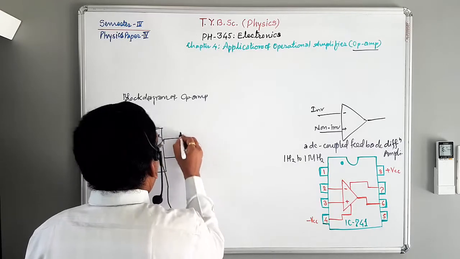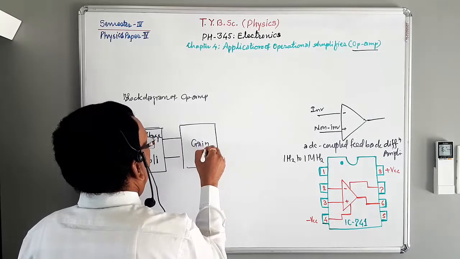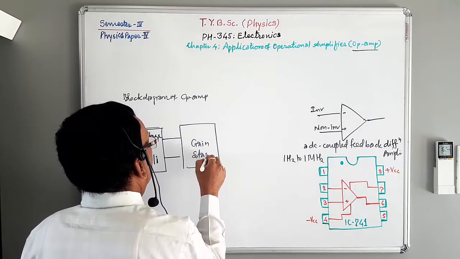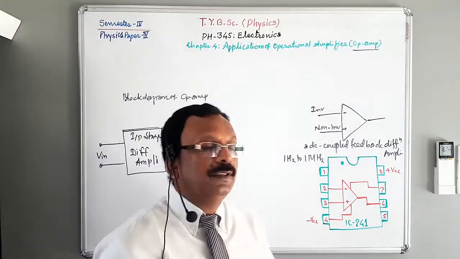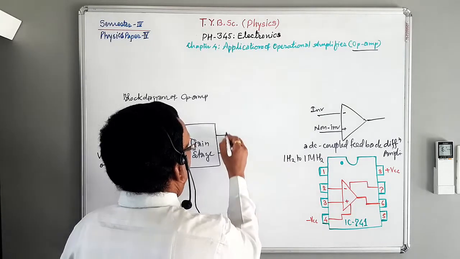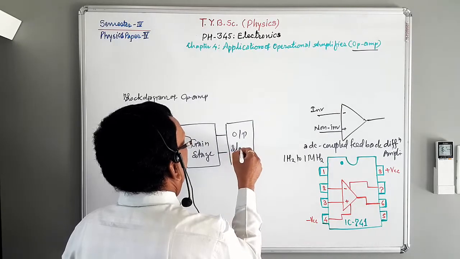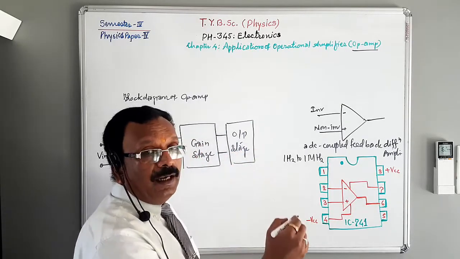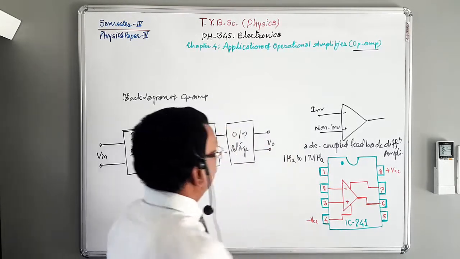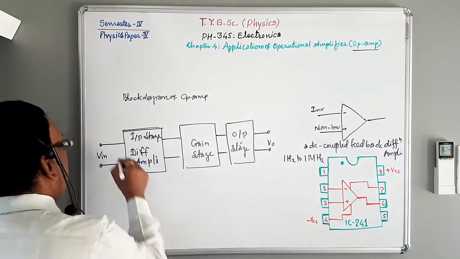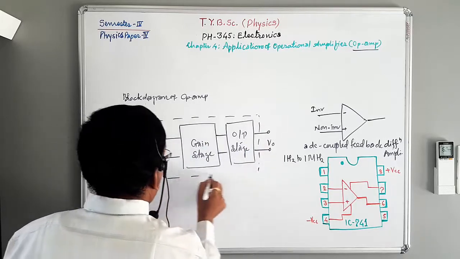Then the next block is the gain stage, which enhances the input, and then the next stage is the output stage, and then there is the output. This is fitted in a single silicon chip.